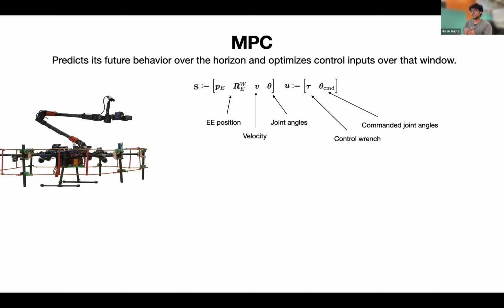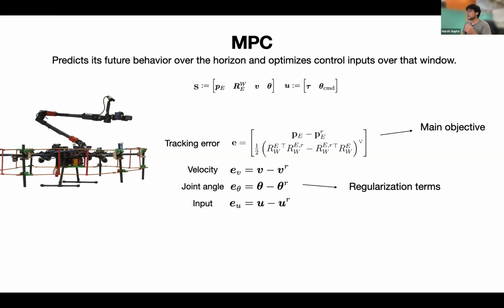So if you give it some reference trajectory, it will try to optimize the control inputs over that reference trajectory. The state is built out of the end effector position and the base velocity, the joint angles, and your input space is the control range of the drone and the commanded joint angles.